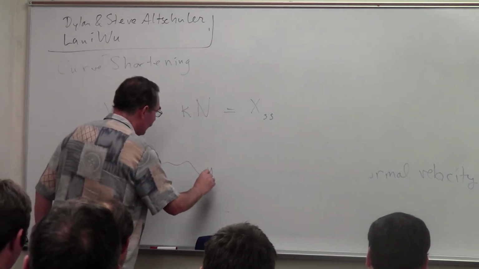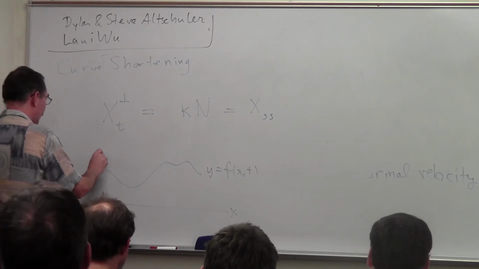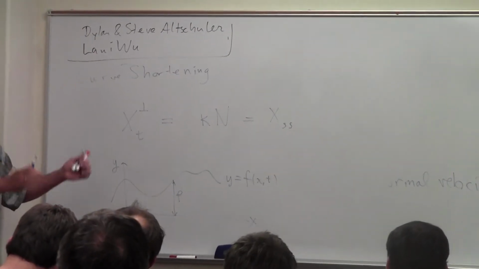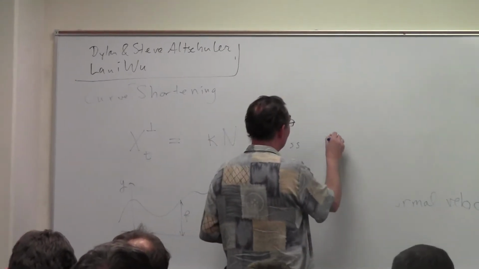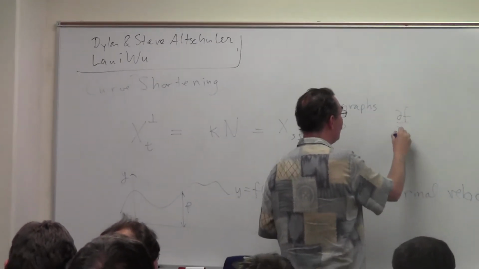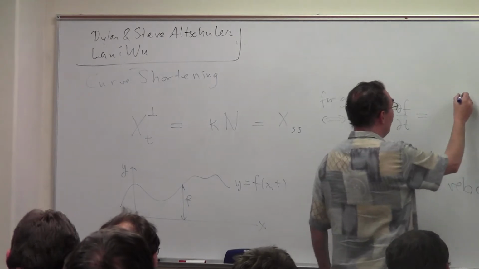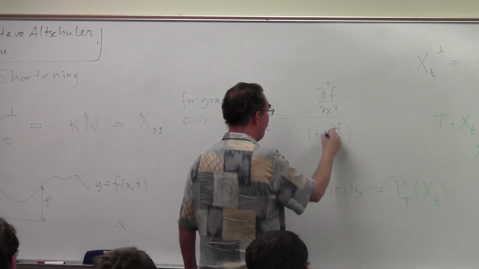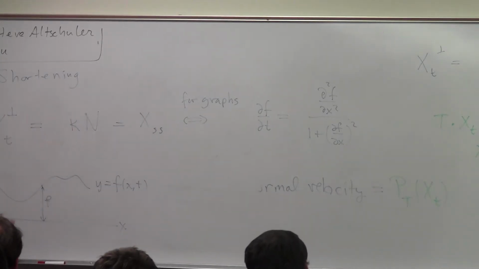But if the curve is the graph of a function, y is f of x and t, so this height is f, then you can take all these formulas and do some basic calculus with them, and it turns out that for graphs this is equivalent to saying that the partial derivative with respect to time of this function, the height, has to be equal to the second x derivative, essentially this combination.